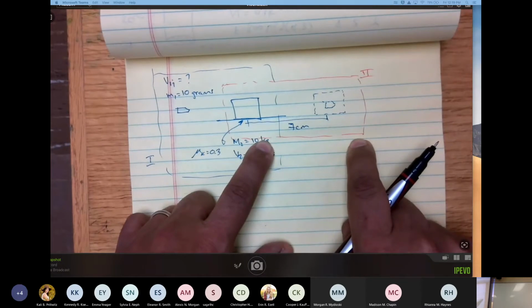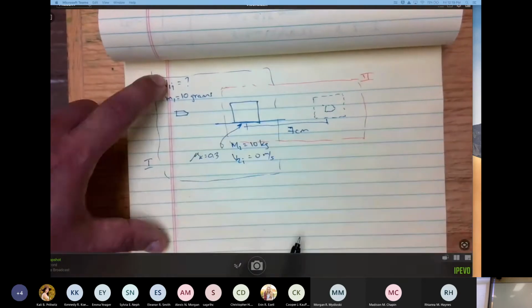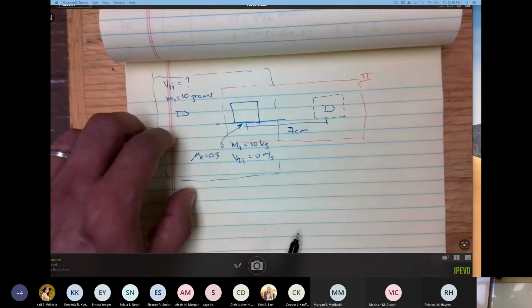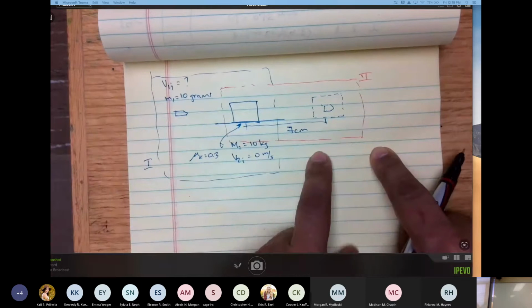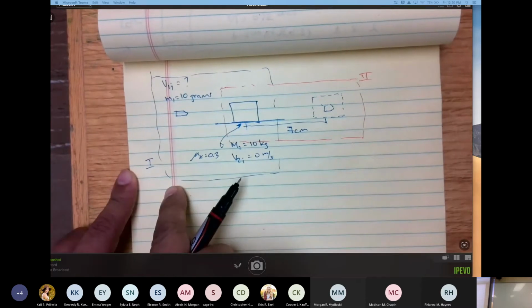Okay. In this particular case, because I don't have this velocity, I cannot solve the conservation of momentum first. I need to start with section number two, and then I'm going to move backwards until I calculate the velocity of the bullet. Okay, so I'm going to do section 2 first.